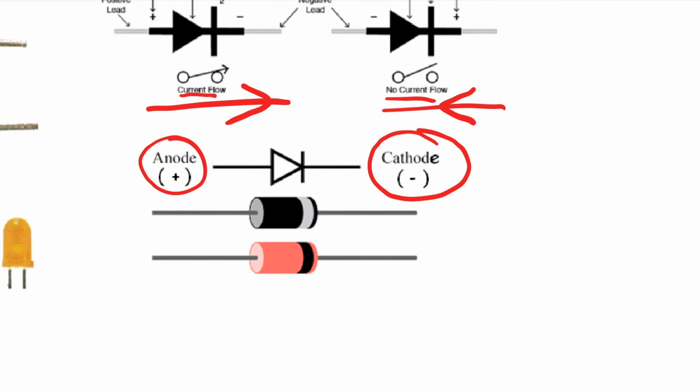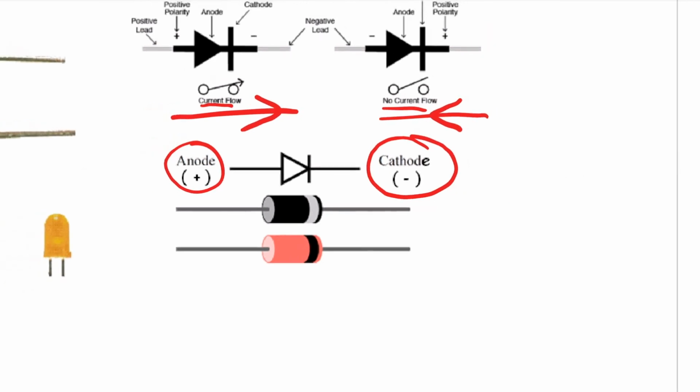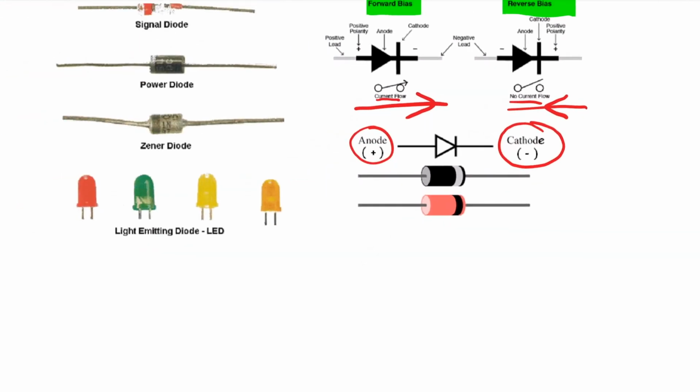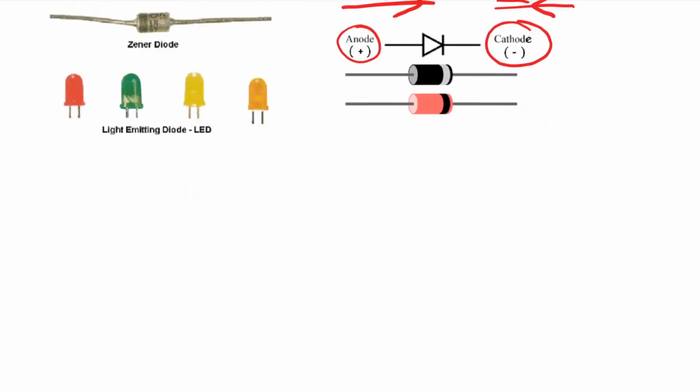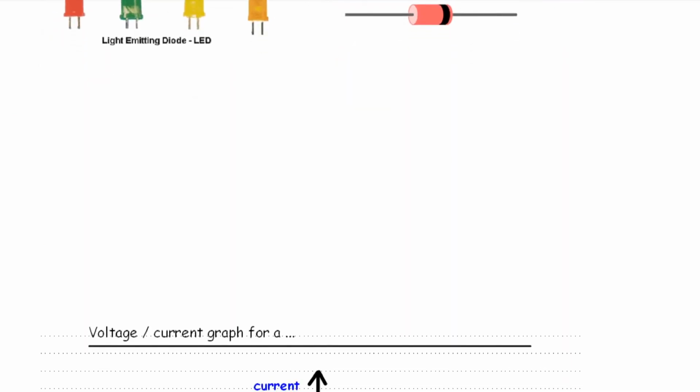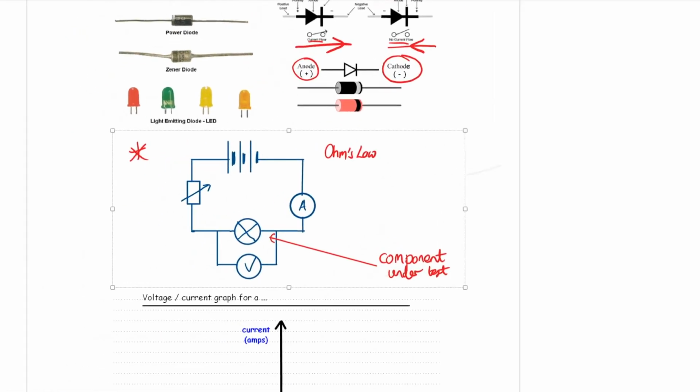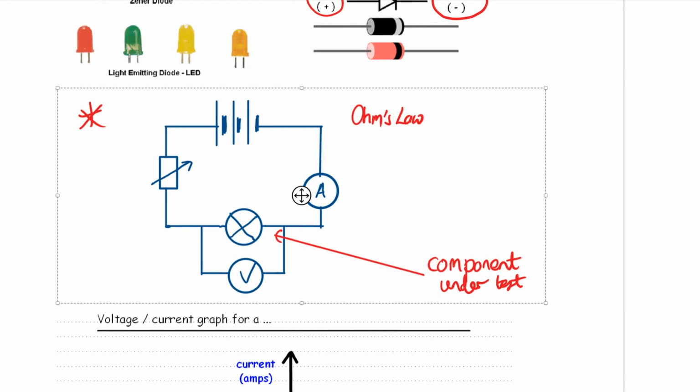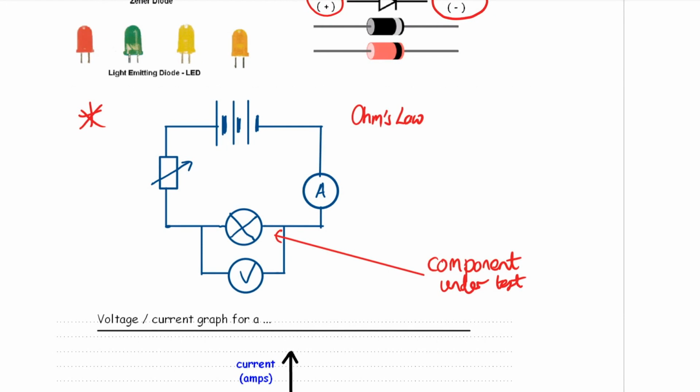Okay, what do you need to do now? Well, we need to set up that Ohm's law circuit, or draw out that Ohm's law circuit, and this time our component under test is the diode. So if you look at the previous pages and find that Ohm's law circuit, I've just copied one in there now from previous pages, and what we're doing this time, we're changing the component under test again.